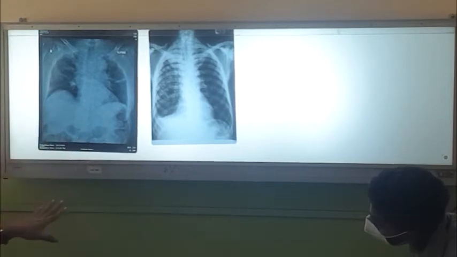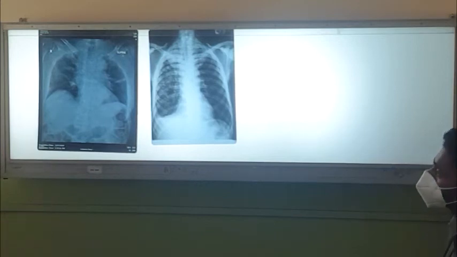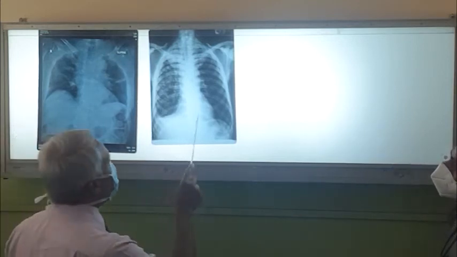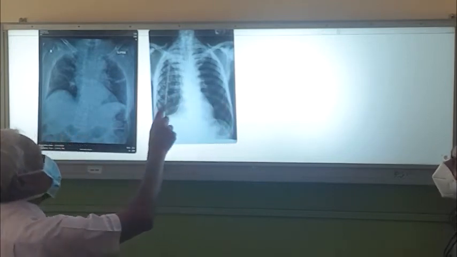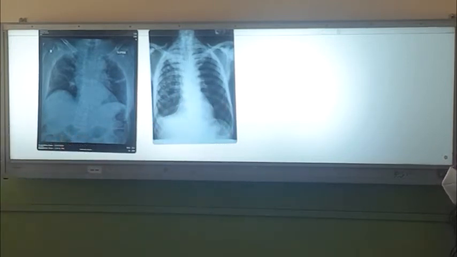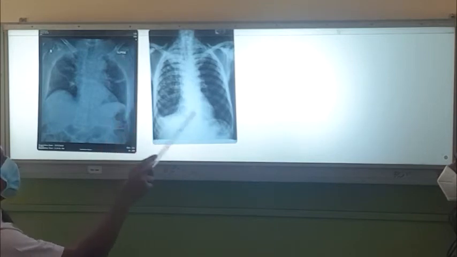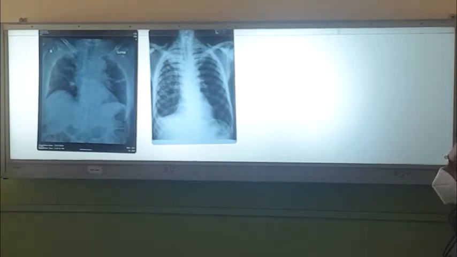That also you have to detect when you see X-rays, right? But in this case, you can see all these bones are whitish. This is bone sclerosis, right? This patient has bone sclerosis in addition to TB. This patient has severe osteoporosis due to multiple myeloma, right?